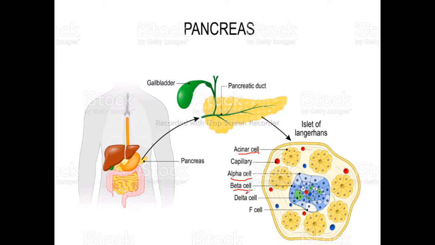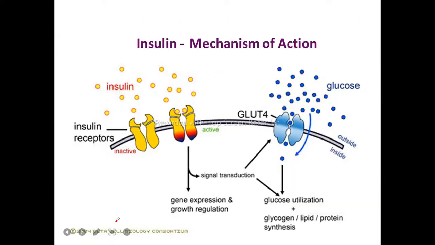Now, the beta cells are sensitive to hyperglycemia. Whenever there is a high blood glucose level, the beta cells produce the hormone called insulin.